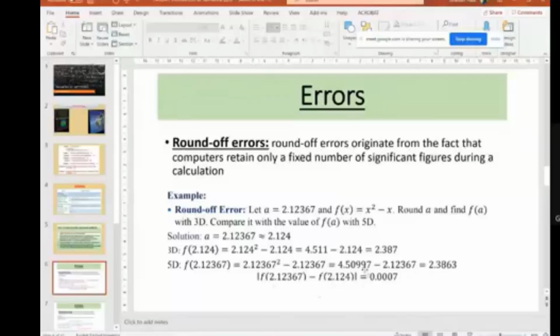We have a round-off error. If we subtract the first one from the second one, this is the error. This is named round-off error, when we use approximation of a number.